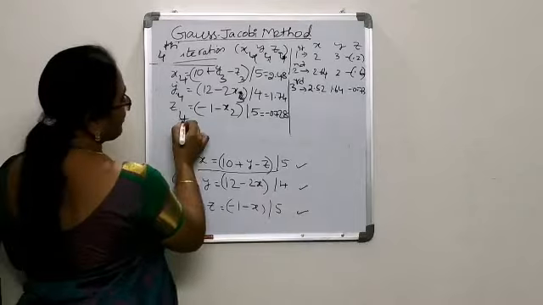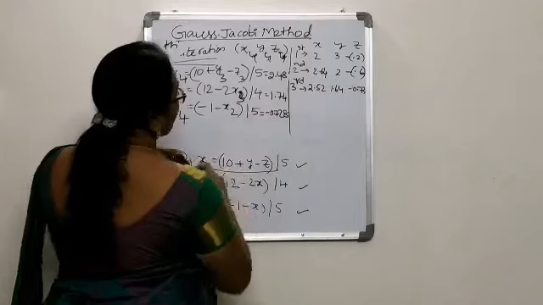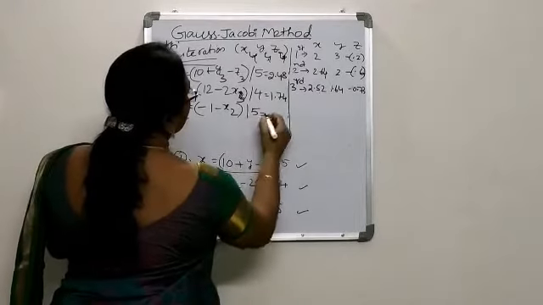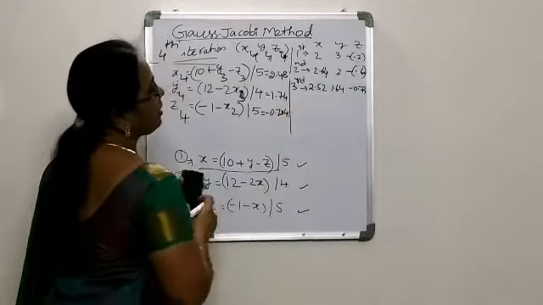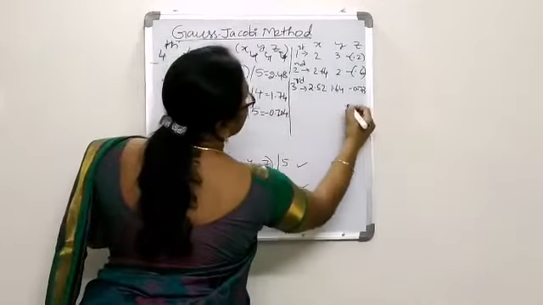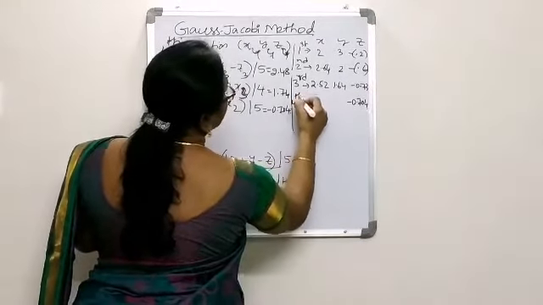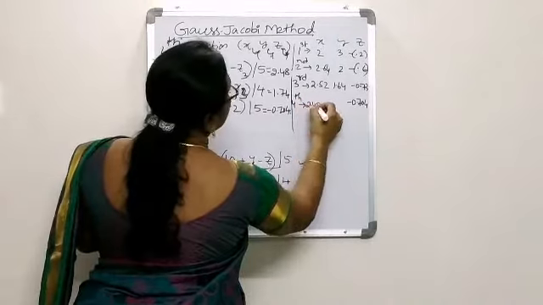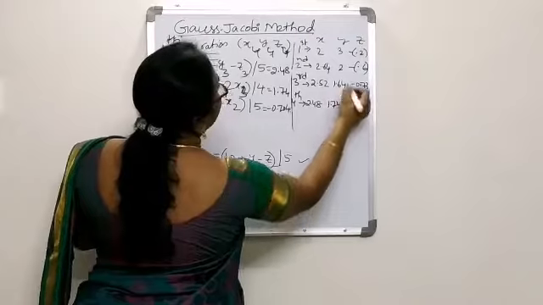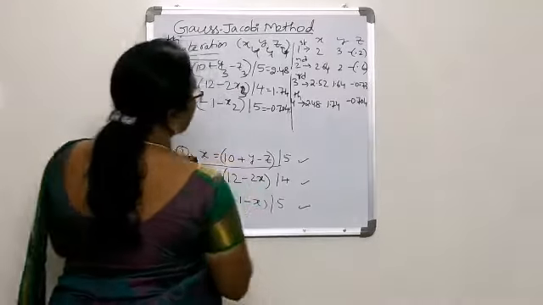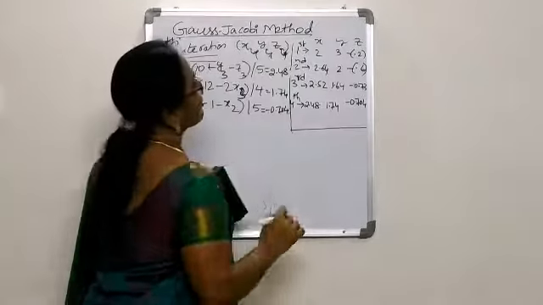The next is the value of z4, which is minus 1 minus x3, that is 2.52, by 5. It is going to give us the value minus 0.704. In the fourth iteration, the value of x is 2.48, the value of y is 1.74 and the value of z is minus 0.704.